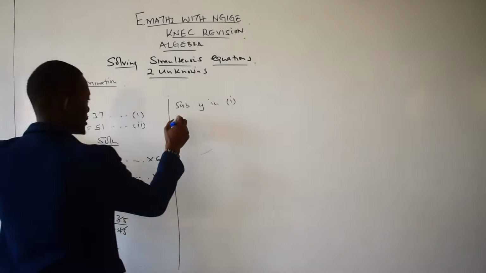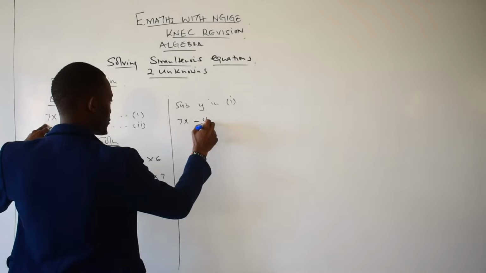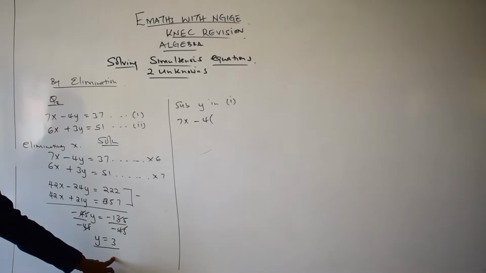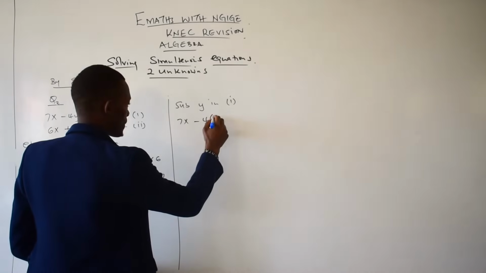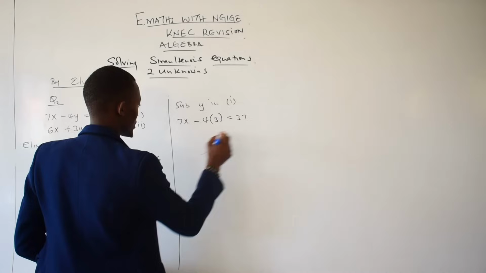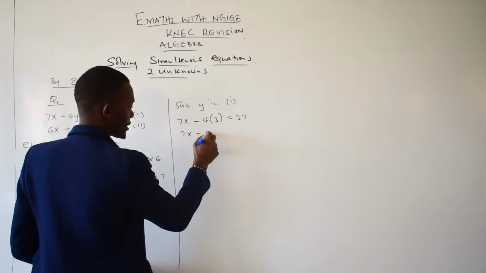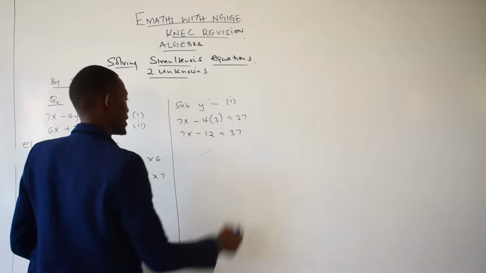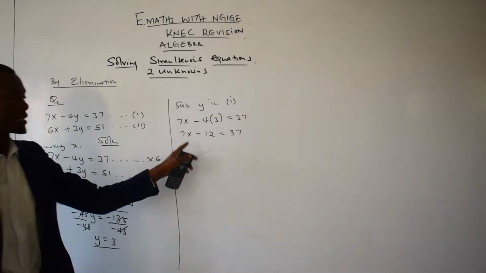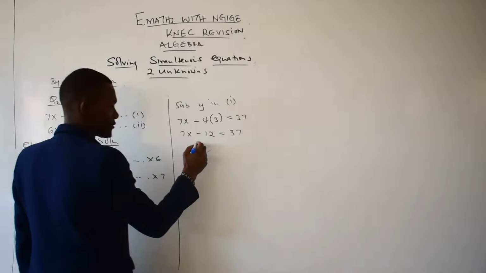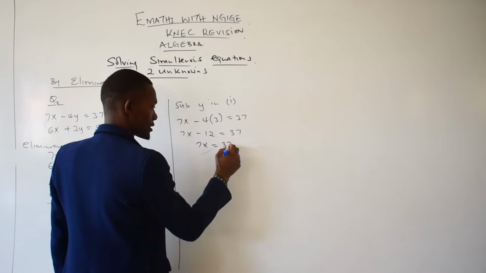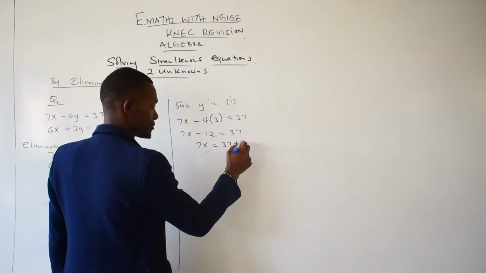So we have 7x minus 4. What is our value of y? Our value of y is 3. So 7x minus 12 gives you 37. Then you take the negative of 12 to the right hand side, so you have 7x equals 37 plus 12. This one is a negative, goes to the other side, becomes a positive.